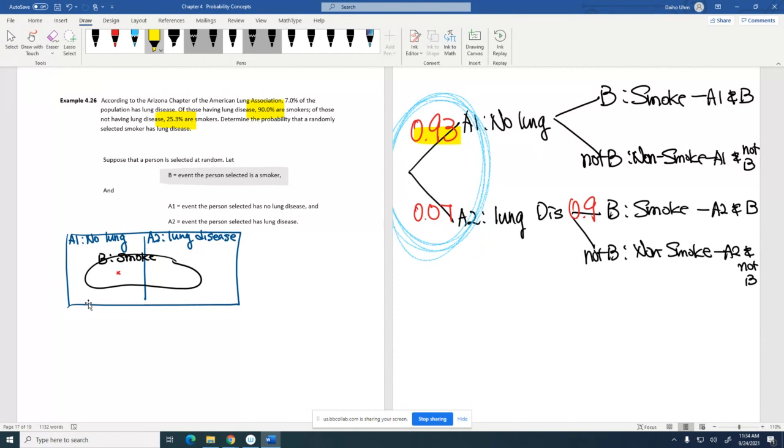Among the people who do not have the lung disease, what percentage is smoking? That is 0.253. Yes. The very first one will be 0.253.